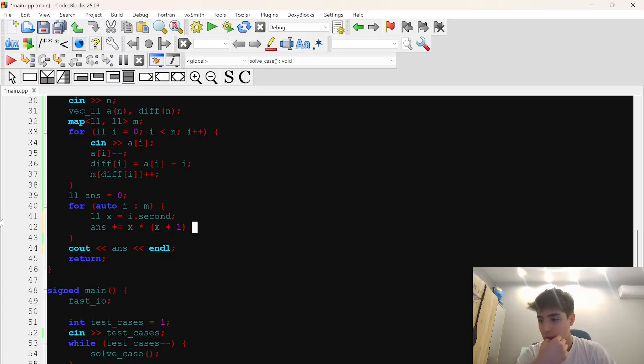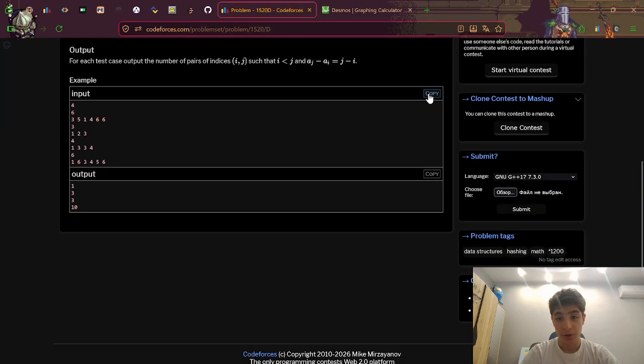For example, okay, no, the sum of them is minus 1. It's logically minus 1, and then divide by 2. If it's going to work, I'm going to be so happy, really.